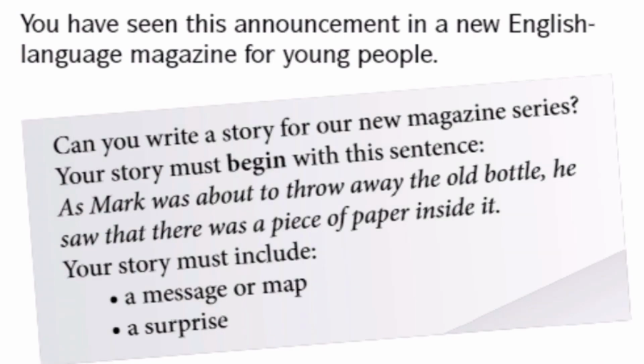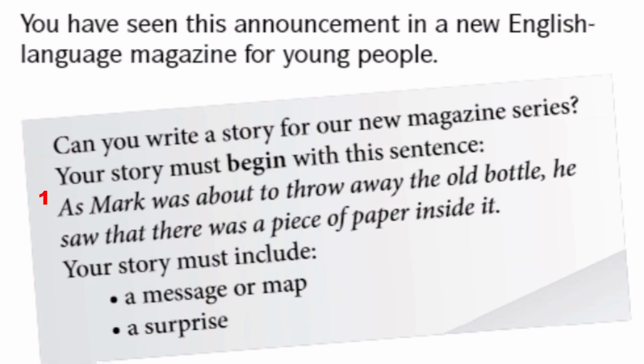Now you have to do the last task of this lesson, which is writing a story based on this question. You have seen this announcement in a new English language magazine for young people. Can you write a story for our new magazine series? Your story must begin with this sentence: As Mark was about to throw away the old bottle, he saw that there was a piece of paper inside it.